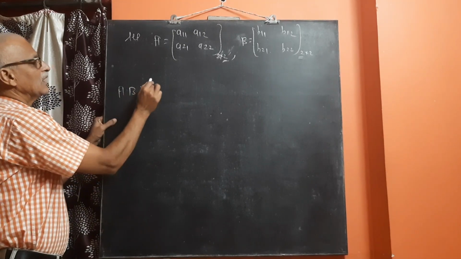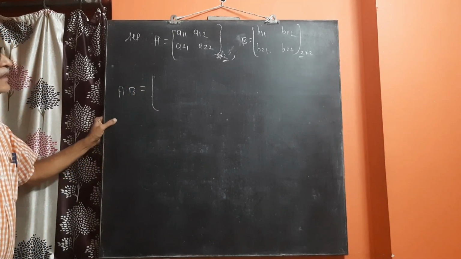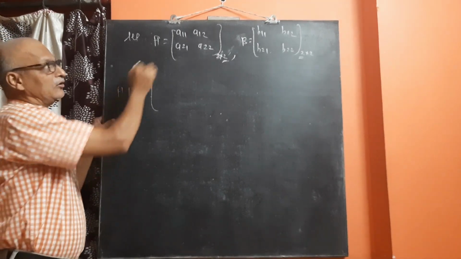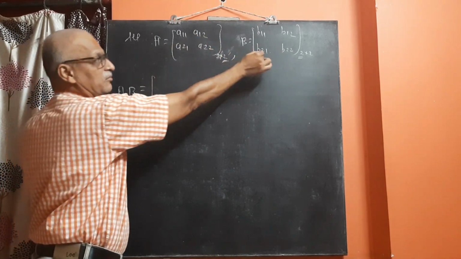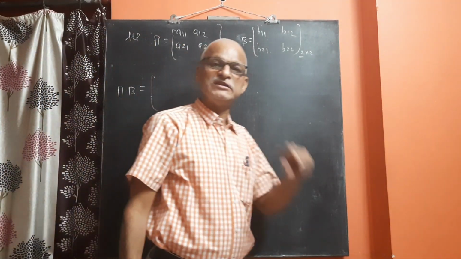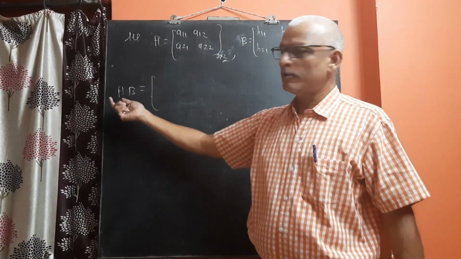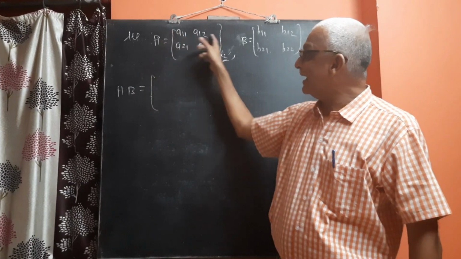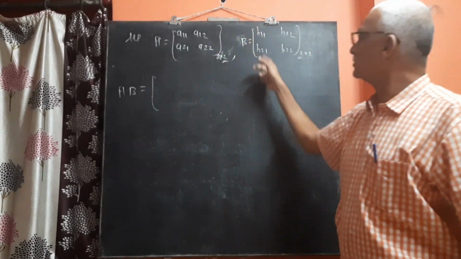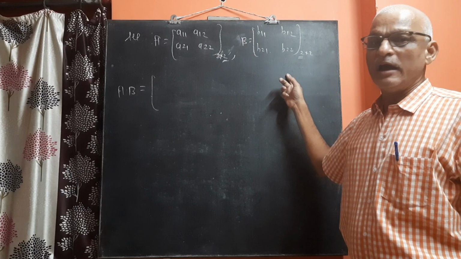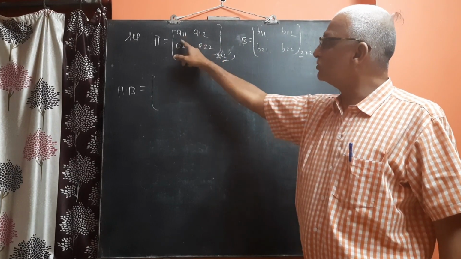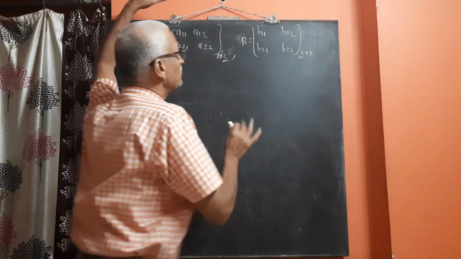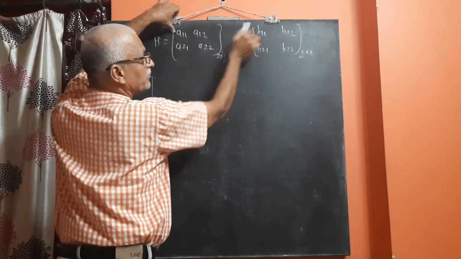is equal to, now listen here carefully, we have to multiply the rows of A with the columns of B. I repeat my sentence. To find out the product of A into B, we have to multiply the rows of A into the columns of B. I am saying rows of A, that is, the rows of A you have to multiply with the columns of B. So first we have to multiply the first row with the first column.